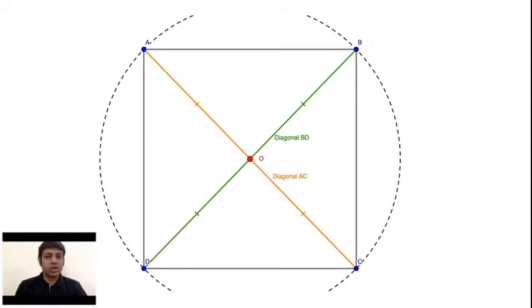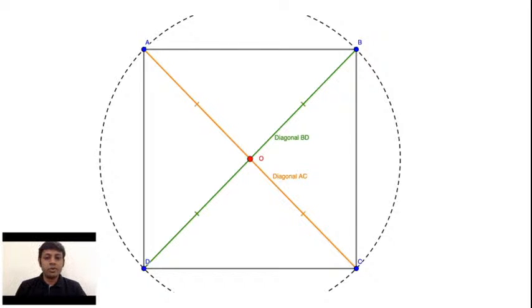If these lengths are equal, then you can take a compass, use O as the center, take radius as OB, and draw a circle, and you will realize that the circle passes through all the vertices of the square.